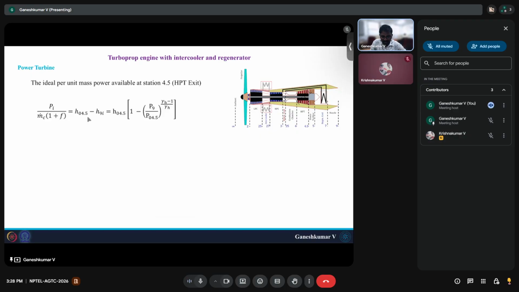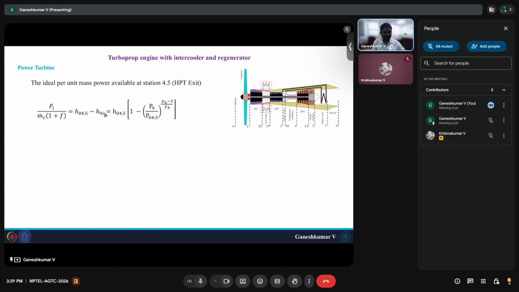That is nothing but the ideal power per unit mass of the gas, which is m dot c times 1 plus f. So 1 plus f is added at the combustion chamber. So this is the ideal per unit mass power, which is equal to H04.5 minus H9I.